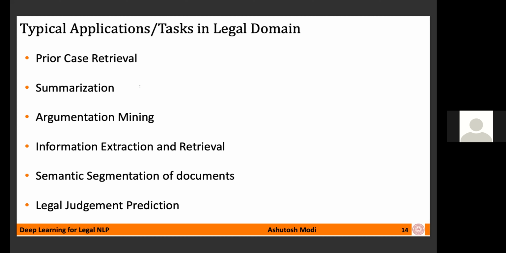And then there is the task of information extraction and retrieval. This is where you want to extract some kind of information from a document, or you want to retrieve certain types of legal documents. This is similar to standard NLP tasks, but in the legal domain. And then there is the task of segmenting the documents, but more in terms of semantic units.